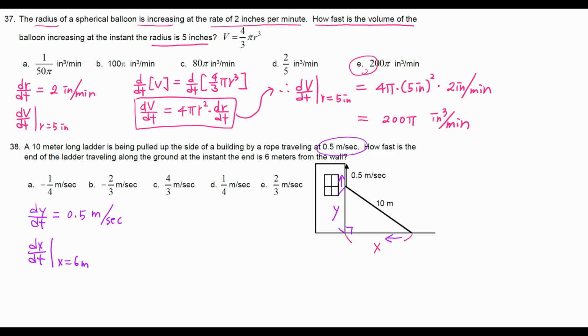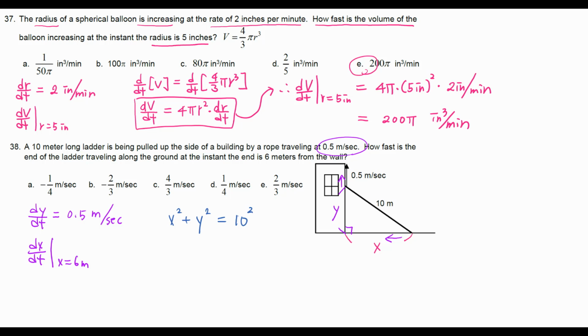Therefore, you can use the Pythagorean theorem. And the Pythagorean theorem says what? Leg squared plus leg squared equals hypotenuse squared. So you get x squared plus y squared equals 100. Now, of course, we're going to take the derivative with respect to t on both sides.